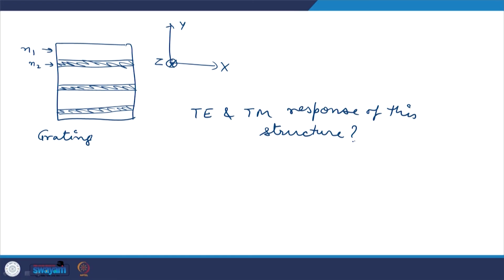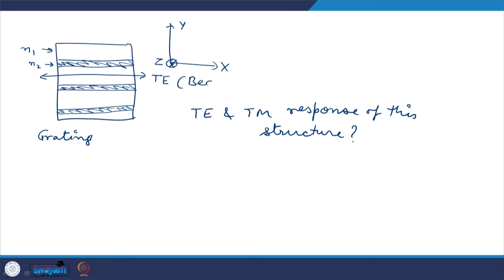If you remember, I told you that the electric field component is in the perpendicular direction. Suppose it is incident normally. How do you define the plane of incidence? It is difficult, right? So what you do is take a polarizer, and if the electric field vector lies like this, then it is TE polarized, because the electric field is transverse to the change in refractive index.